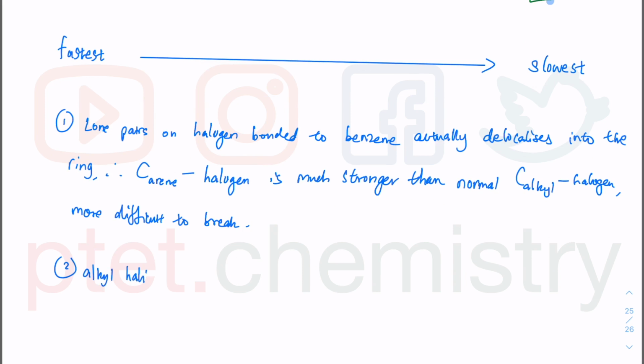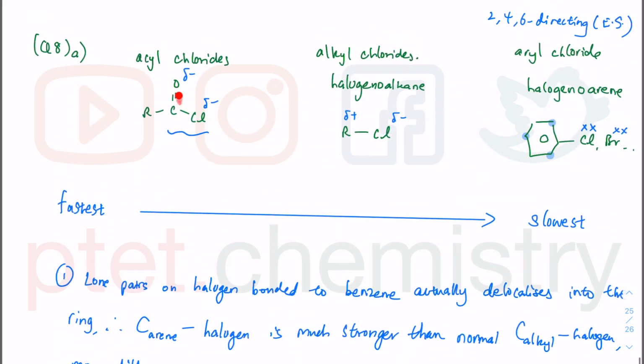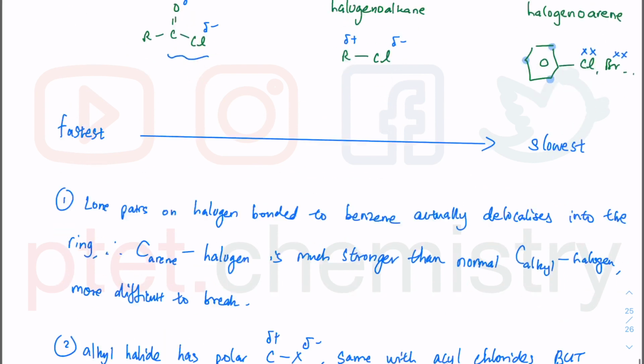Okay, so alkyl halides or halogenoalkane has a polar C-X bond, delta minus, delta plus. Same thing with acyl chloride. But what is different about acyl chloride is that acyl chloride also has a highly electron withdrawing carbonyl, delta minus oxygen there.